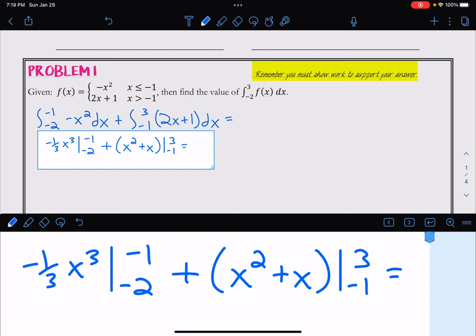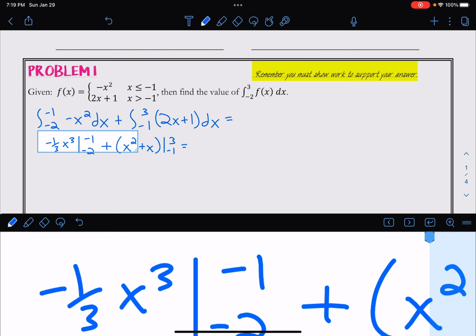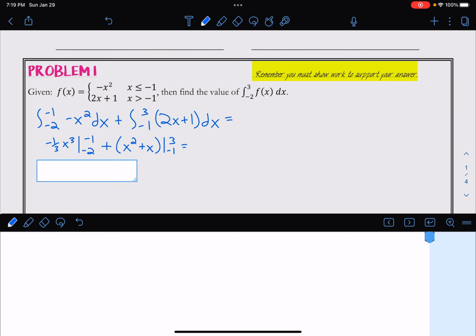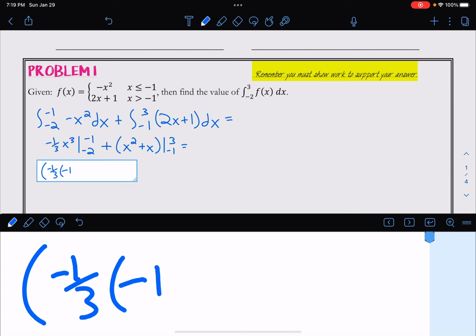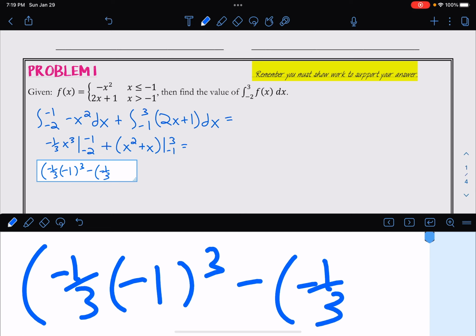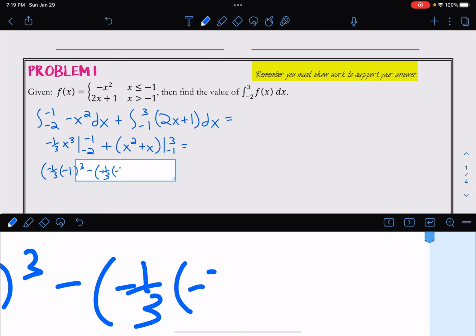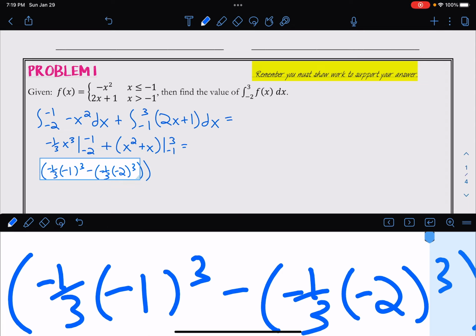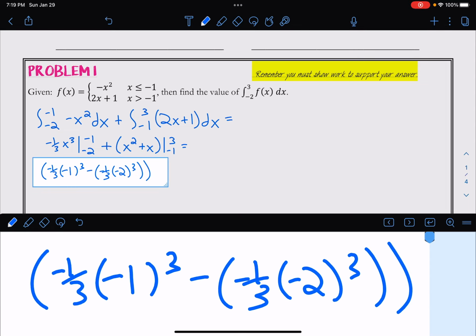Let's plug in all of our numbers and see what this simplifies to. This is going to be negative 1/3 times negative 1 to the third, minus negative 1/3 times negative 2 cubed. Okay, so that's our first part.